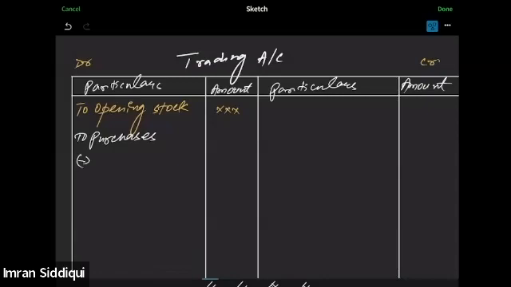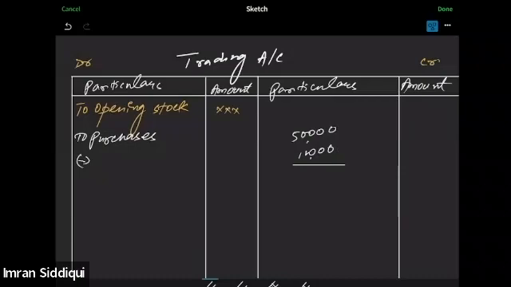For example, if a company has purchased goods costing 50,000, but out of it, because of some defect or any reason, the company has later returned raw material costing 10,000, then we will have to subtract it from 50,000, and whatever net value we get, that net value of the purchase will only be reflected in the trading account.